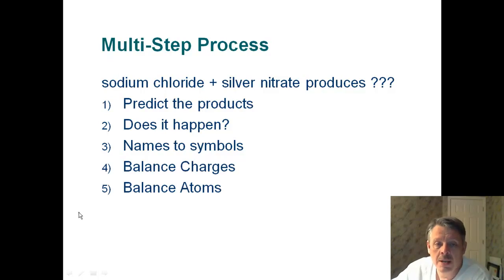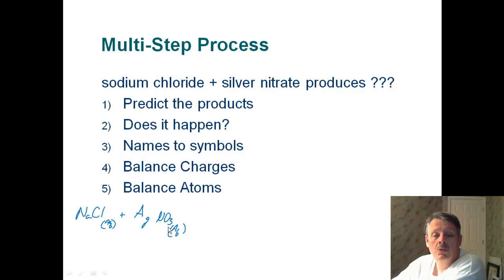I'll do my names to symbols, which is sodium chloride, which is aqueous, plus silver nitrate, which is AgNO3, and that's aqueous. Right? The sodium and the silver both have +1, the chlorine and the nitrate both have -1, so everything cancels. So we're going to swap partners.